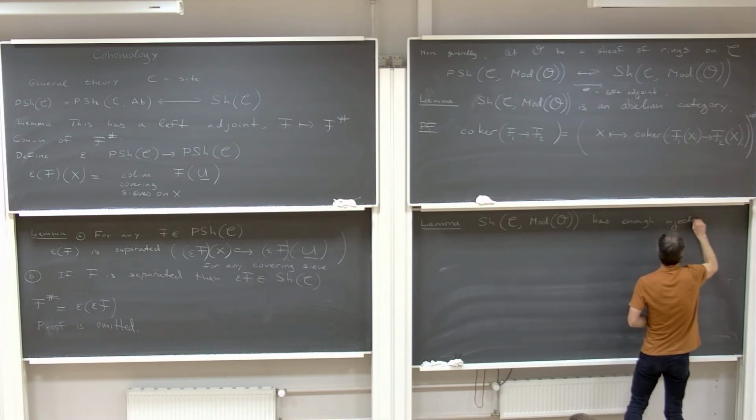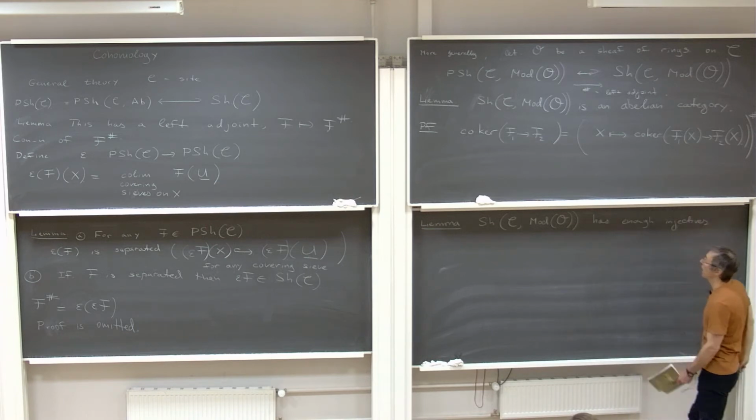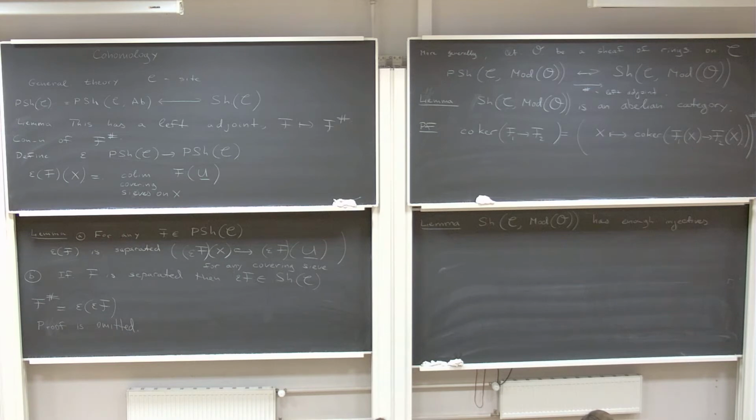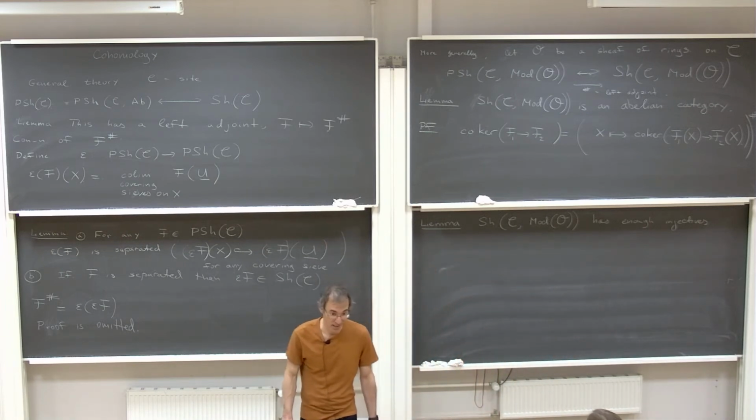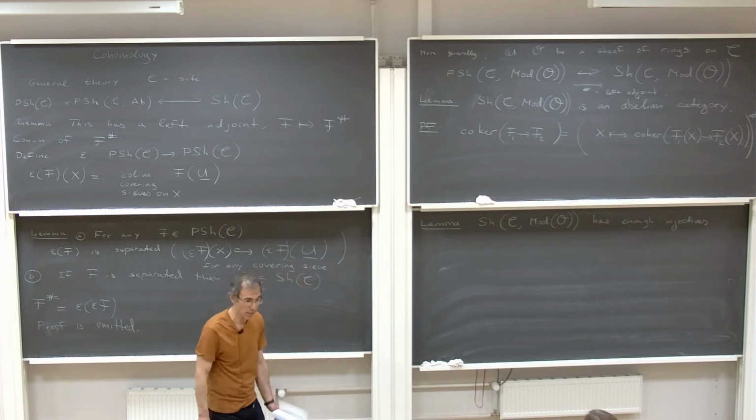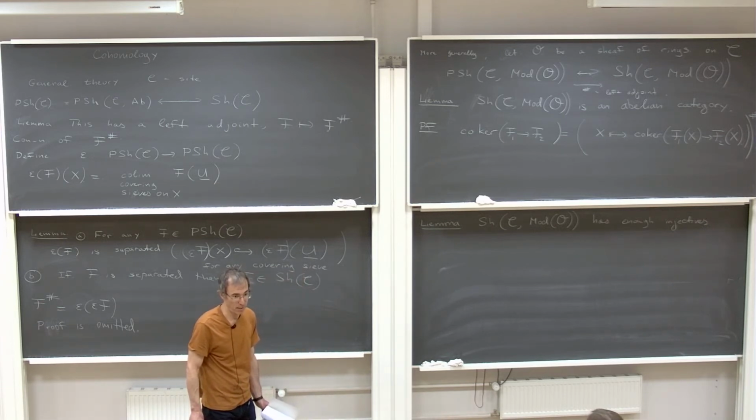If you look at the proof, for example, that the category of modules over a ring has enough injectives, and in my course in algebraic geometry, we proved that the category of Zariski sheaves has enough injectives, the proof is quite a long series of constructions, right?